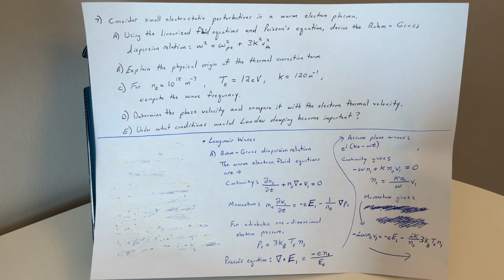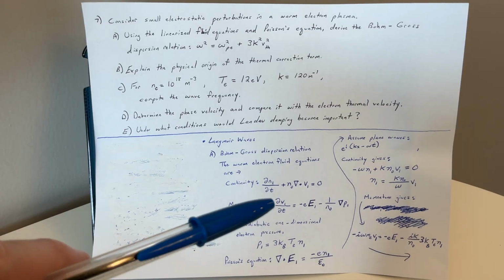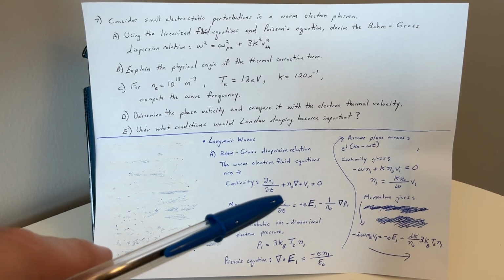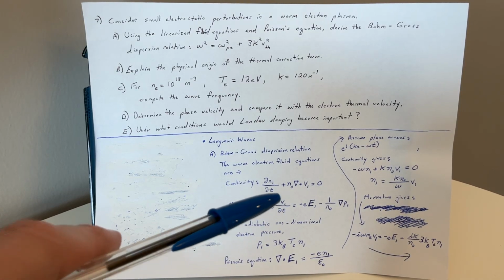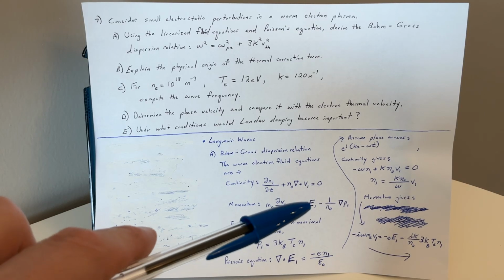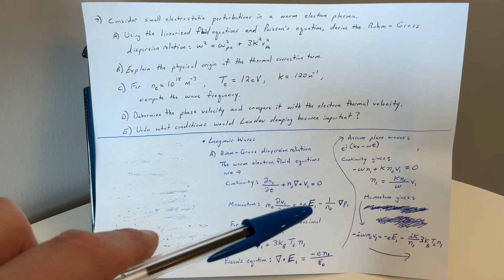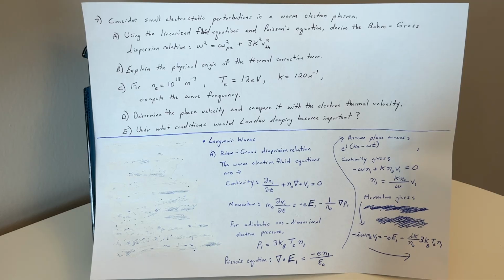And for momentum, m sub e, partial derivative of v sub 1 with respect to t, equals negative e E sub 1 minus 1 over n naught, del operator, p sub 1.